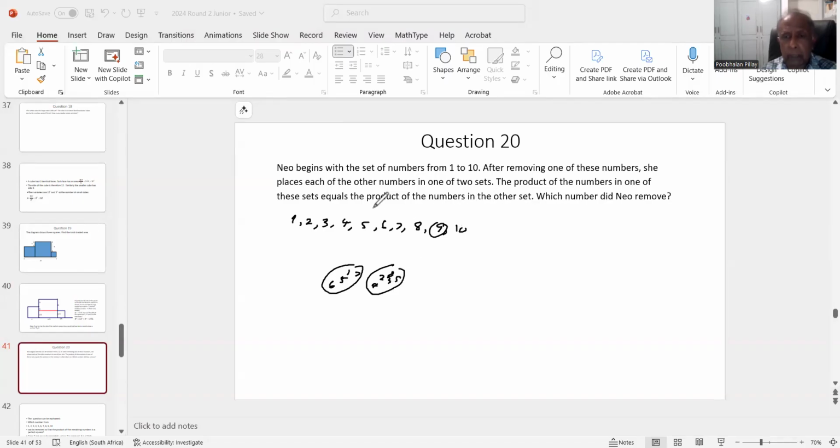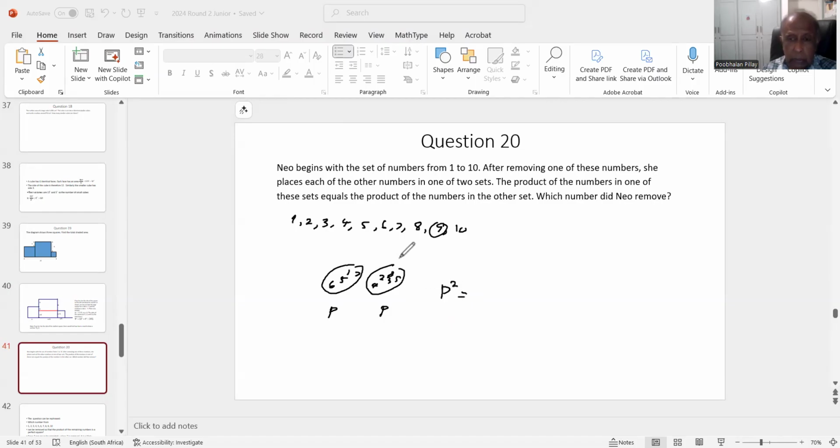Now the product of the numbers in one of these sets, when you multiply these numbers, is equal to the product of the numbers in the other set. So if the product is P here, P for product, then this product is the same. In other words, when you multiply all the numbers together, you're going to get P squared.